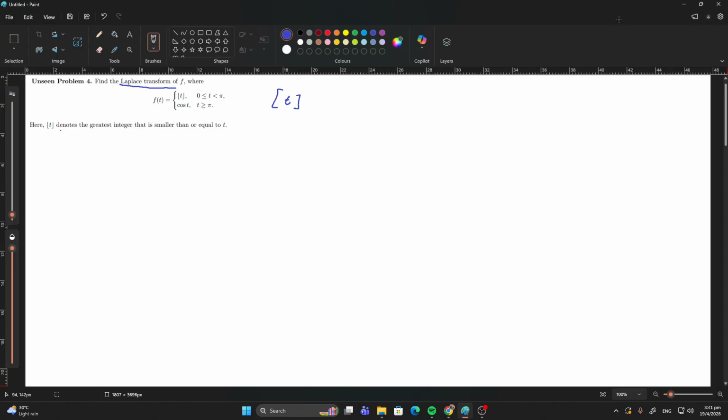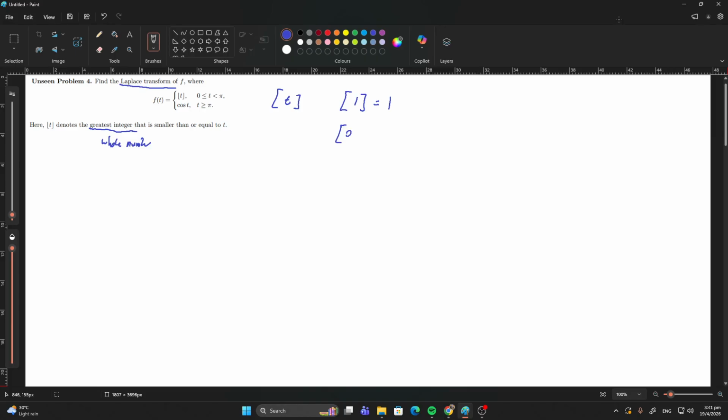Here, the special t denotes the greatest integer that is smaller than or equal to t. Greatest integer means whole number. So what does this mean? This basically means that when my t equals 1, it equals 1.